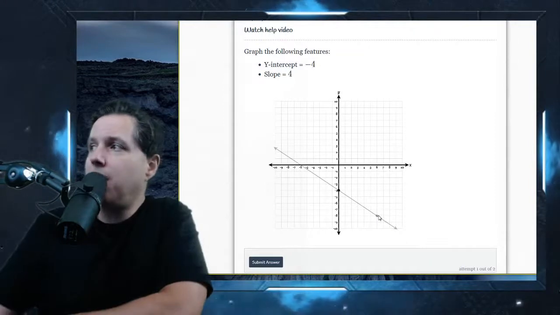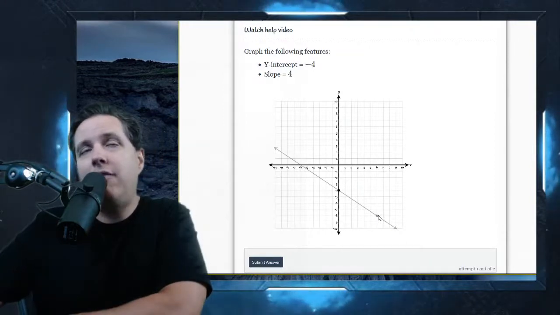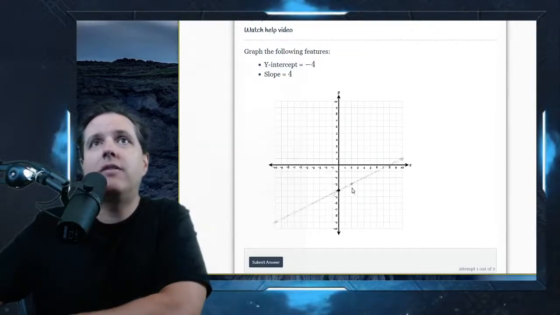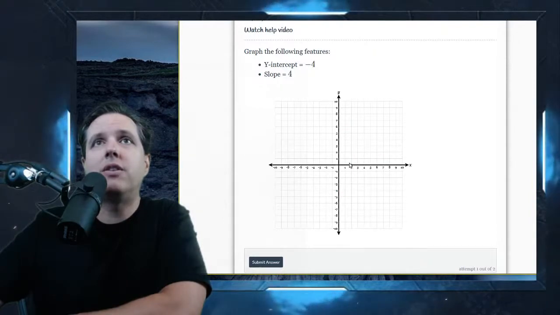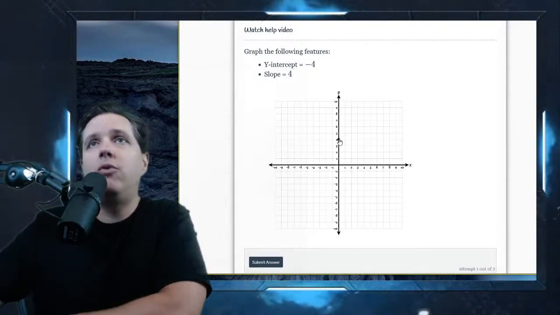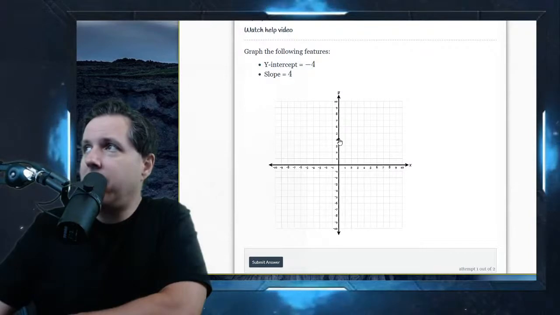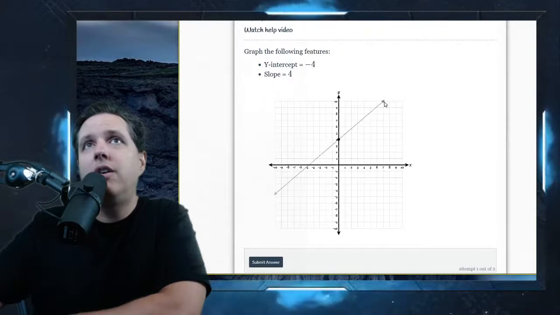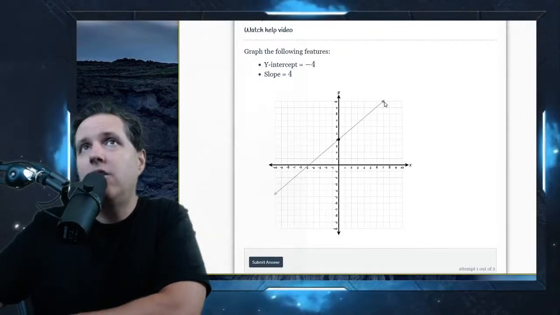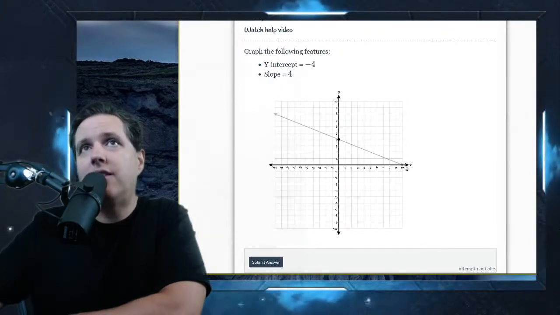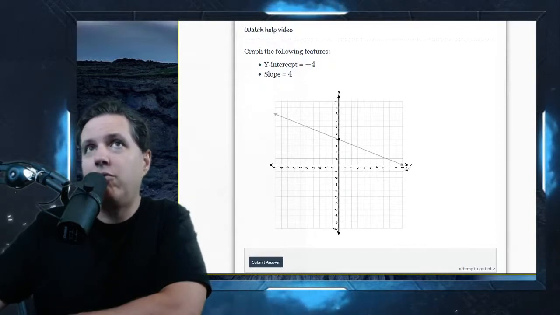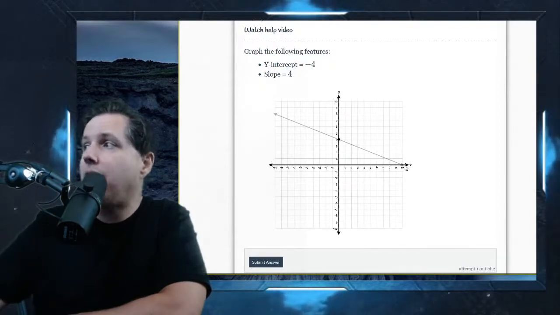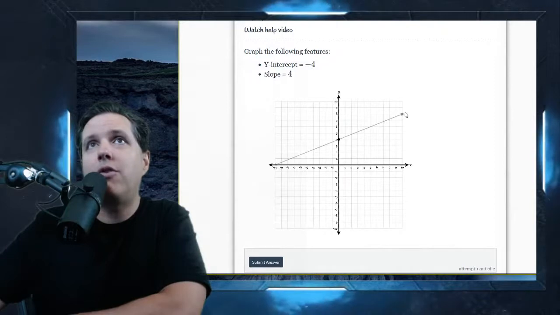If you want to keep it straight, let's get rid of this. If you were going to sign on to your bank account and look online at a graph of your bank account, would you rather have it look like this, or would you rather have it look like this? Which one would you rather have? What would be the preferred graph for your bank account? We'd rather have this, right?